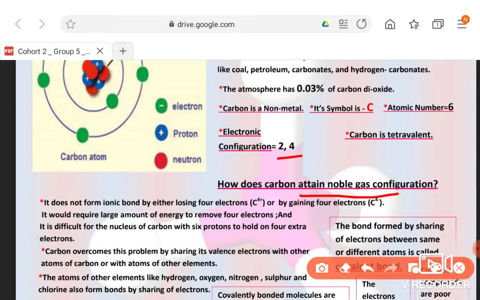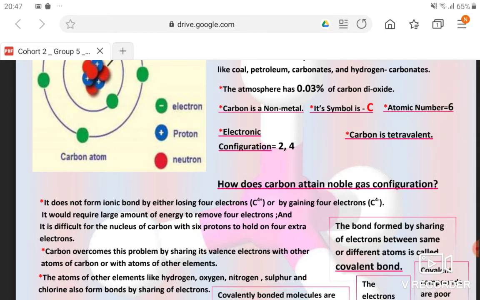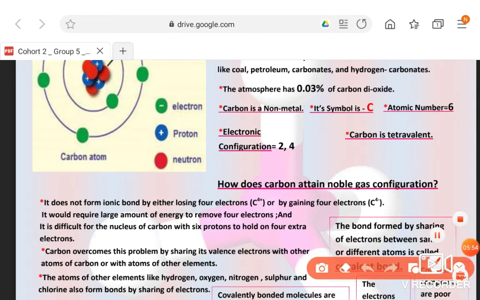So the nearest noble gas for carbon is 2, 8, that is neon. It wants to attain this configuration, but it has only 4 electrons. So it wants 4 more electrons, to make 8 electrons. For this it can only do two things.